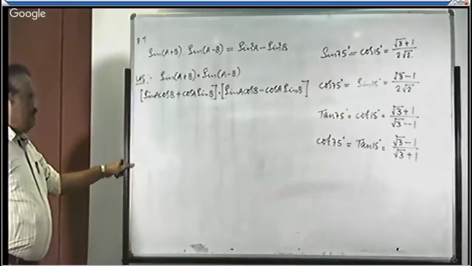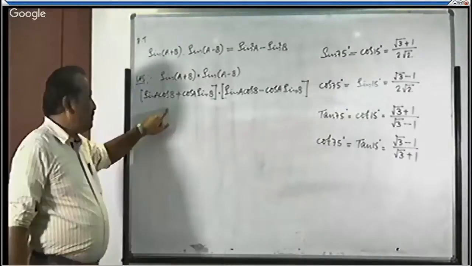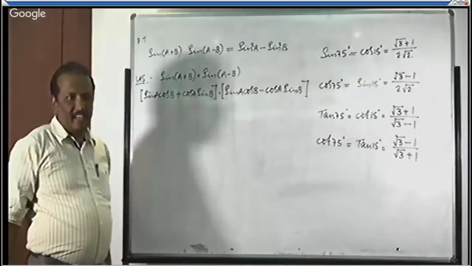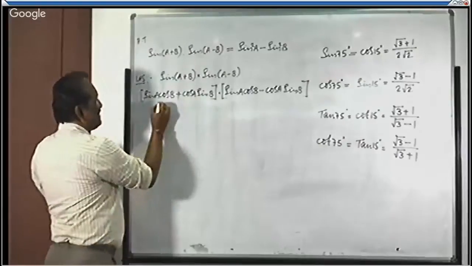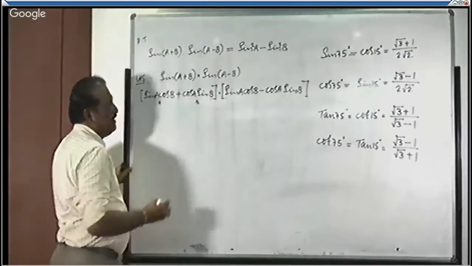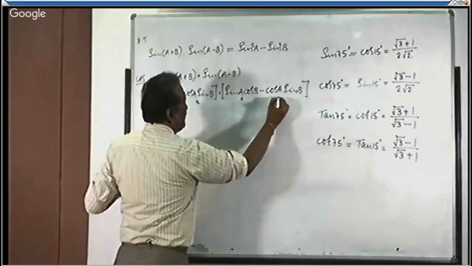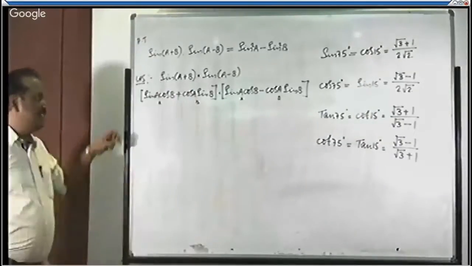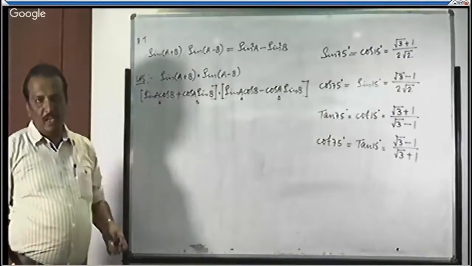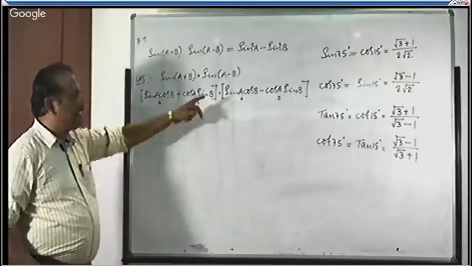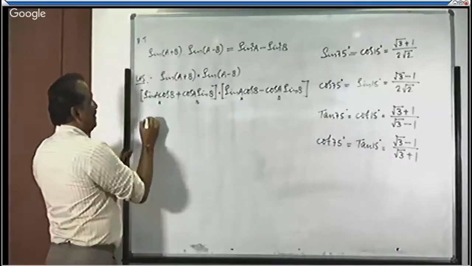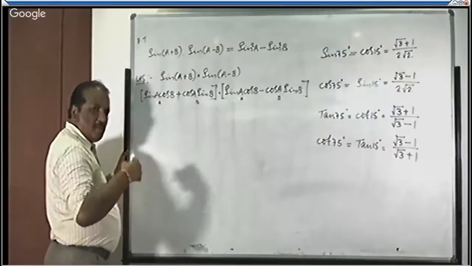So observe the LHS now: sine a cos b plus cos a sine b, sine a cos b minus cos a sine b. If you consider this sine a cos b as a and cos a sine b as b, then this is a and this is b. Now you just read this LHS: it is a plus b into a minus b. We know that a plus b into a minus b is a square minus b square.